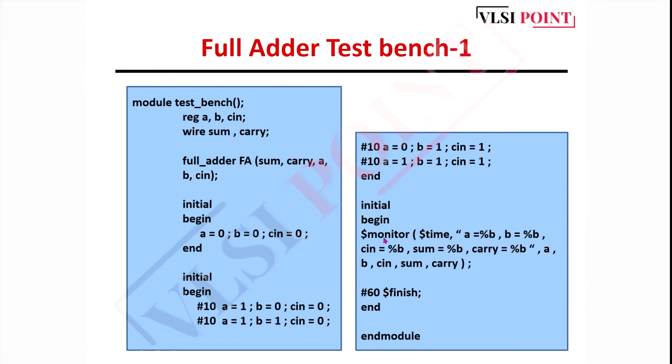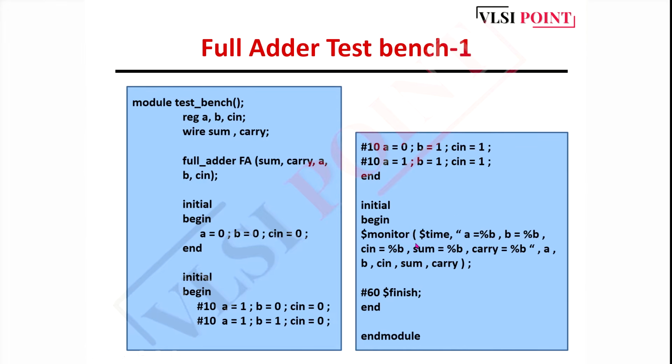Now again, $monitor I have explained in much detail in the compiler directive video. If you have not watched that video, then please watch it and clear the concept of compiler directives, because those compiler directives are used in test benches. Here in $monitor, first we have written $time.